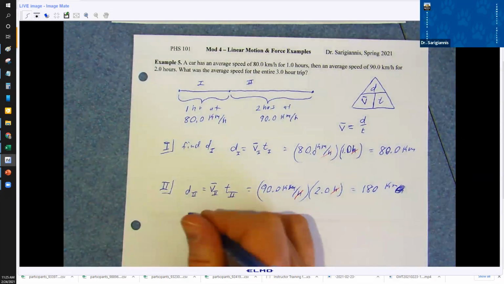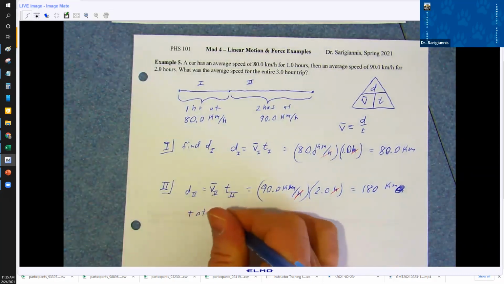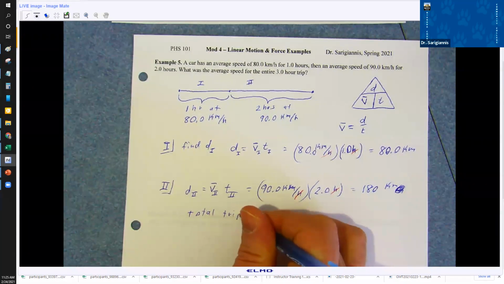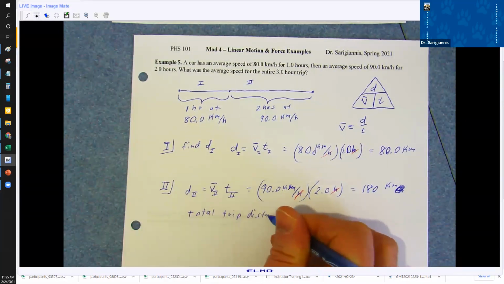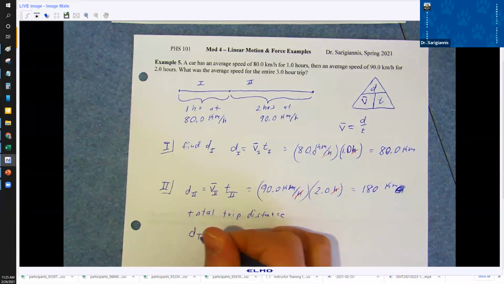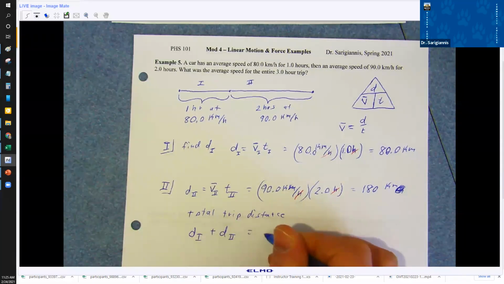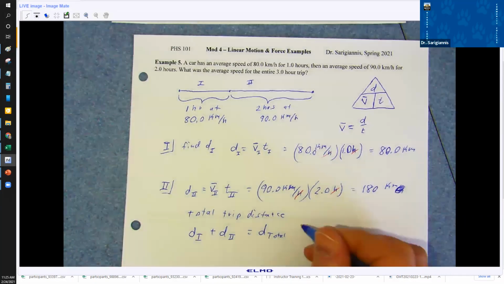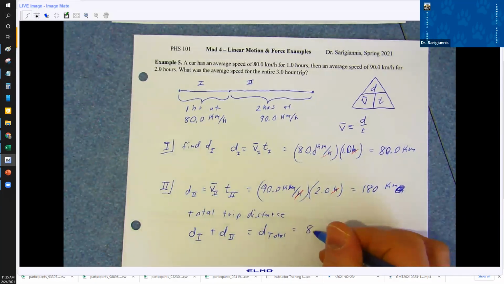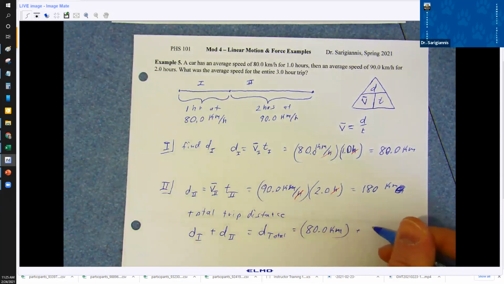The total trip distance is D1 plus D2. And we'll just call this distance total, right? So this is equal to, well, we've got 80 kilometers plus 180 kilometers.